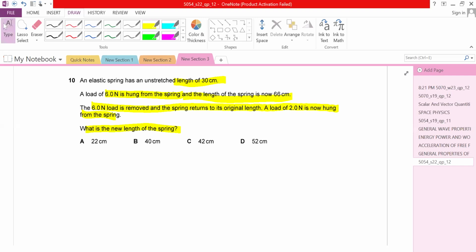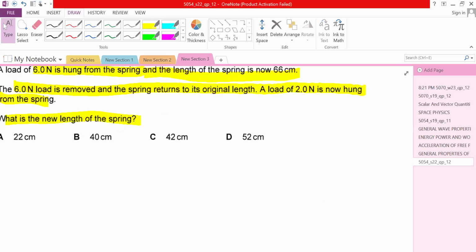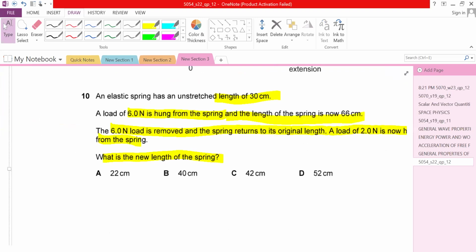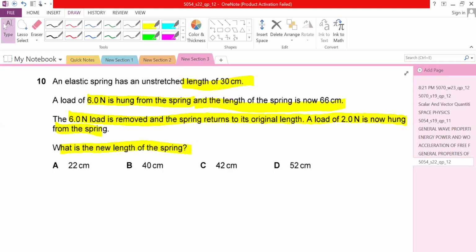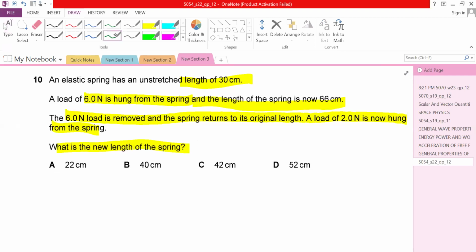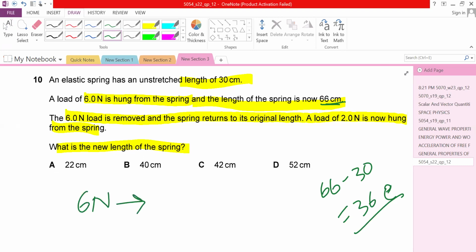To calculate the extension, you subtract the stretched length minus the original length. It gives 36, which is the extension. Now, at 6 Newton, the extension is 36. Then at 2 Newton, the extension would be x. This is the ratio method.